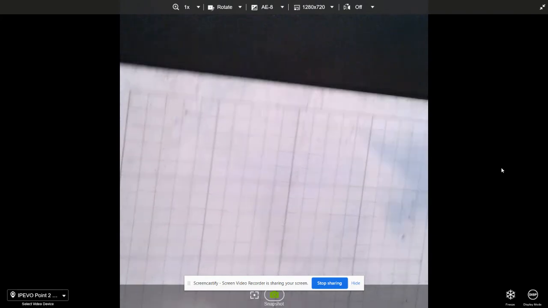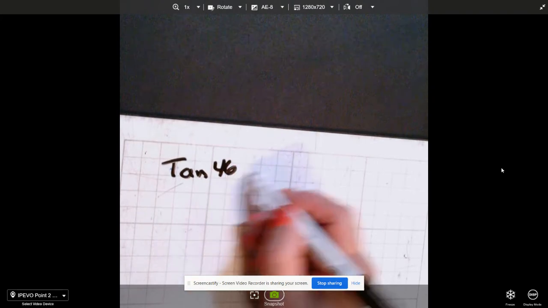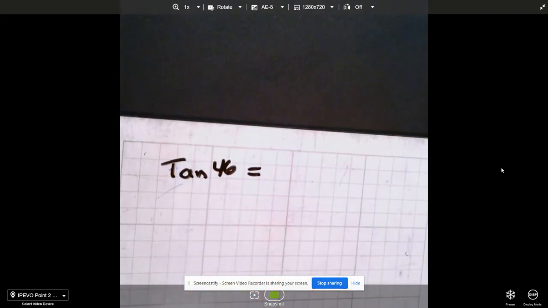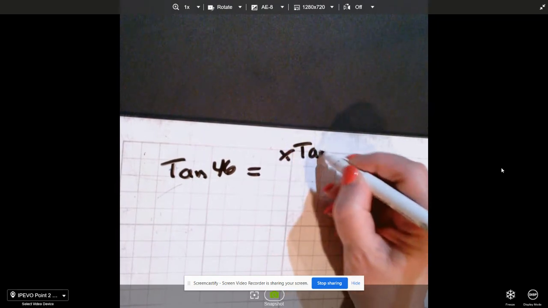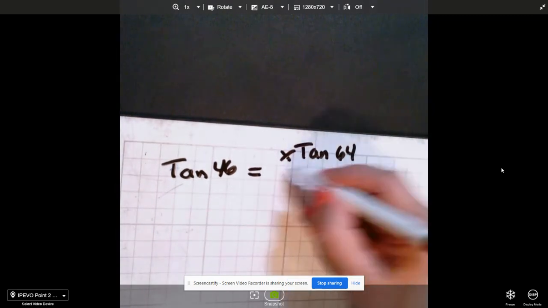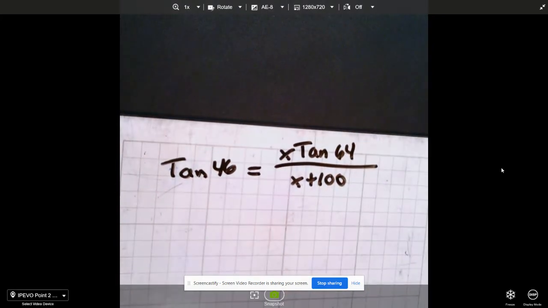And I'll say the tangent of 46 equals, well, I had originally said y, but now I know y is x times the tangent of 64 divided by x plus 100. So that's my equation so far.